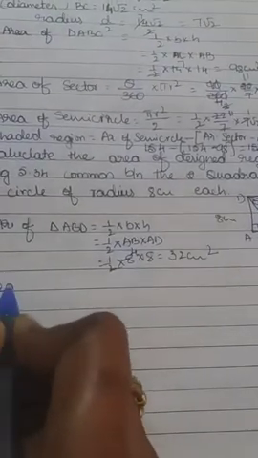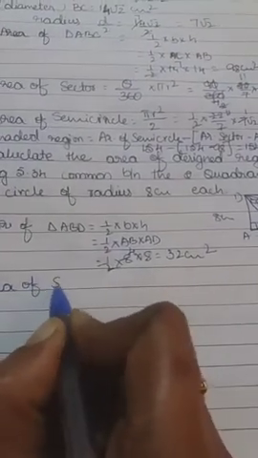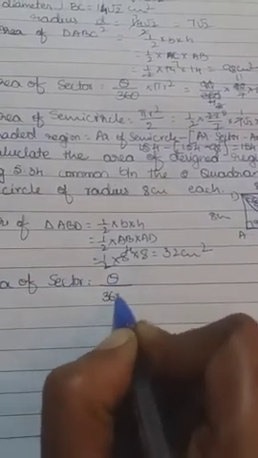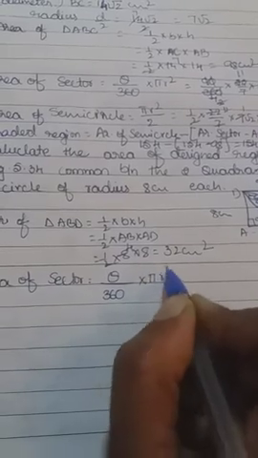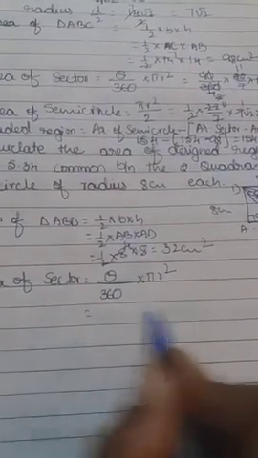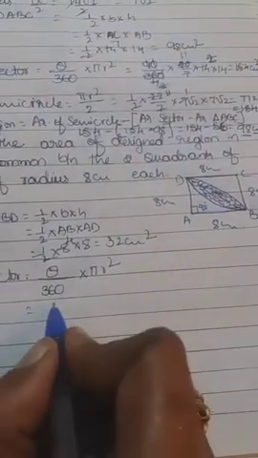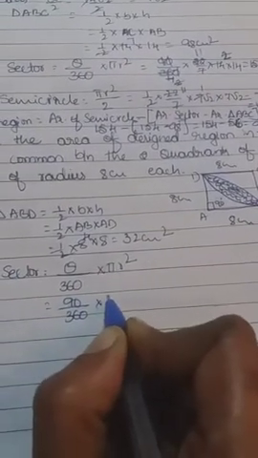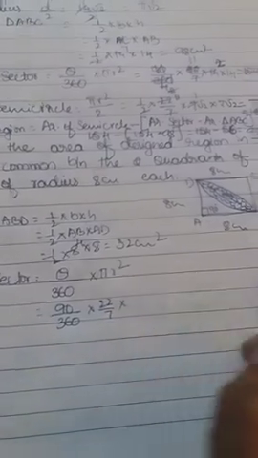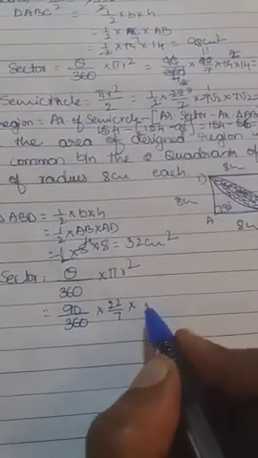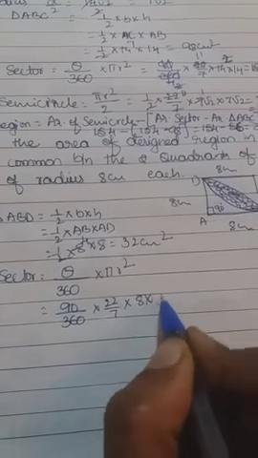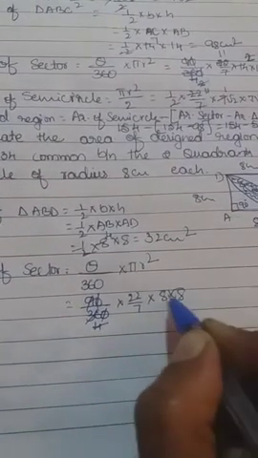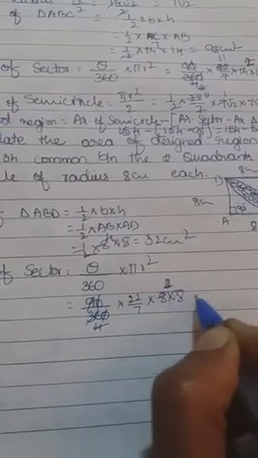Next we have to calculate the area of sector. Sector formula we know already: theta divided by 360 into pi r square, right? Theta should be, I told you already, 90 degree. 90 divided by 360 into pi value 22 divided by 7 into r, we got 8 into 8. So the zeros get cancelled. 9 1s are 9, 4 1s are 4, 2 8s are 16.